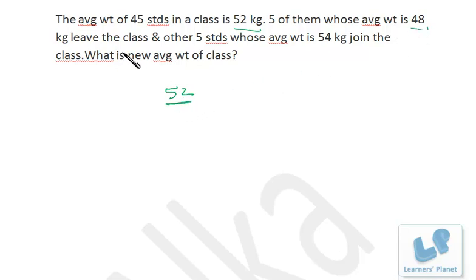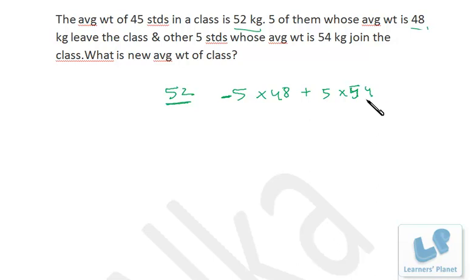When the 5 students are leaving whose weight is 48, then we are losing in total, for 5 students each of 48 kilograms, we are losing from the total, right? So that's minus. Out of them, 5 students whose average weight is 54 are joining. So further in total we are gaining this.